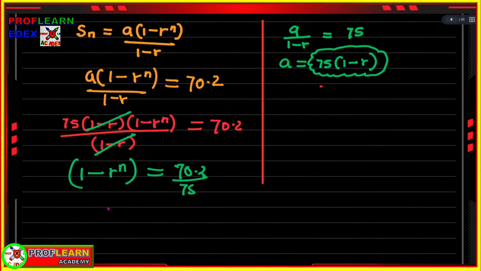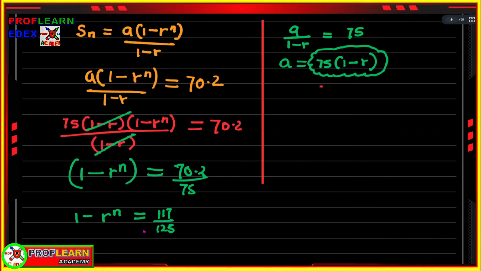Yeah, I think we are on the right track. First, let us try to simplify 70.2 divided by 75. What does it become? It becomes 1 minus r raised to power n is equal to 117 over 125.